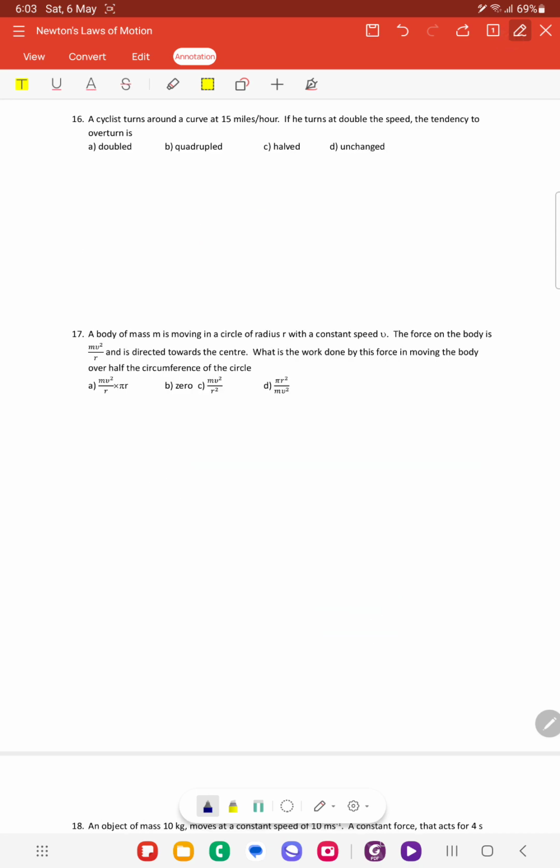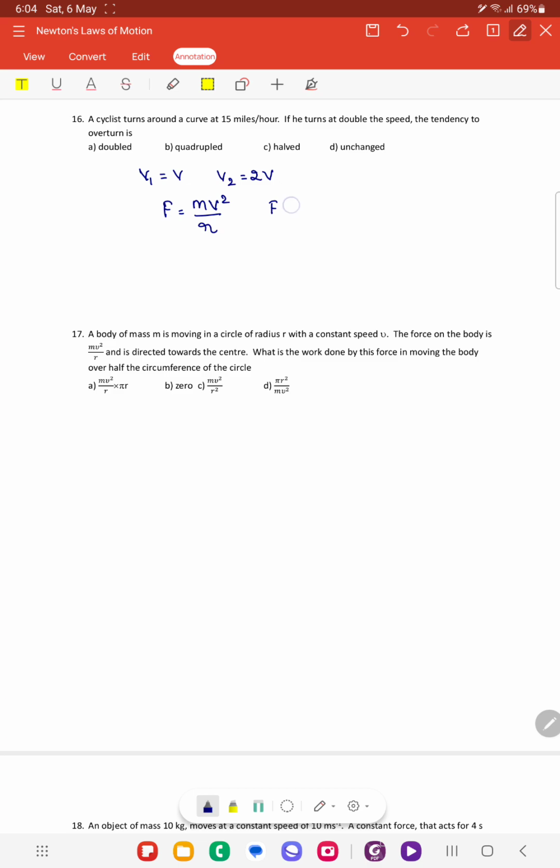Question number 16. A cyclist turns around a curve at 15 miles per hour. If it turns at double the speed, the tendency of the overturn is. So let us consider v1 is v, v2 is 2 times the initial velocity. When it is taking a circular turn, the force acting is the centripetal force, which is given by mv square by r.